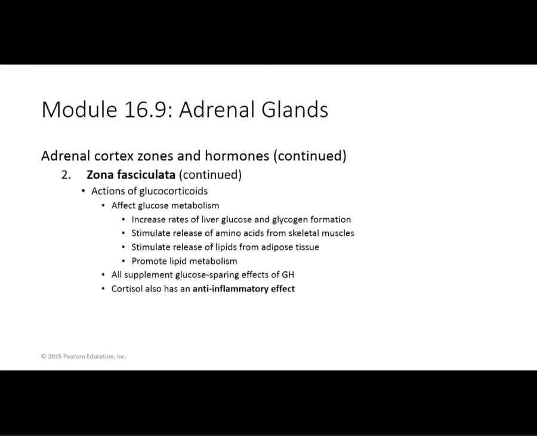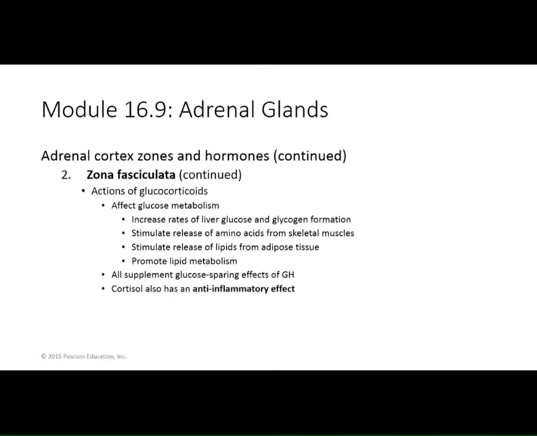Glycogen is storing some sugar. It's going to stimulate the release of amino acids from your muscles. It's going to release lipids from your adipose tissue. What does it sound like it's doing? It's releasing energy molecules, isn't it? It's all involved with energy, and it's going to promote lipid metabolism. All of these are going to supplement glucose-sparing effects. Now, what that means is this.